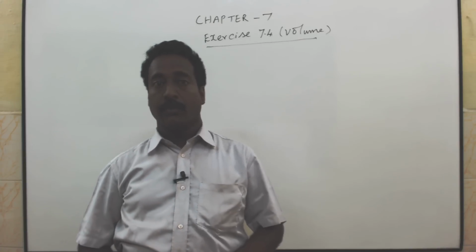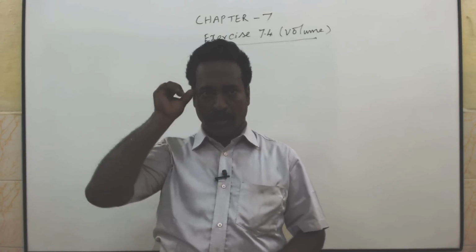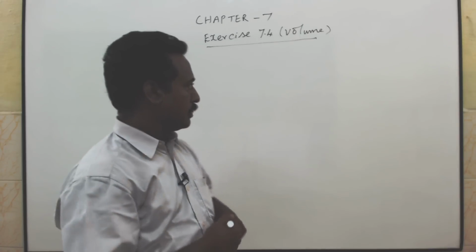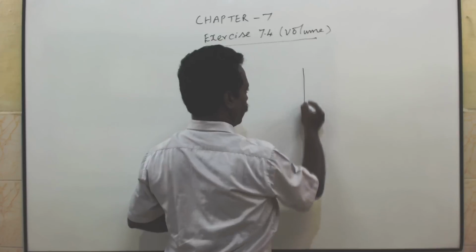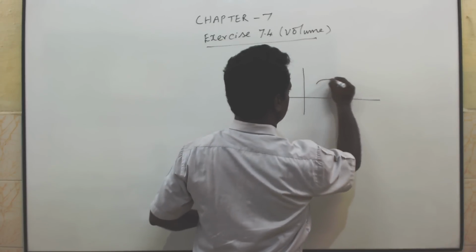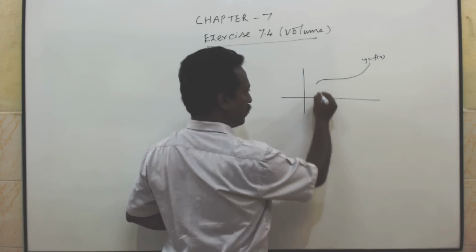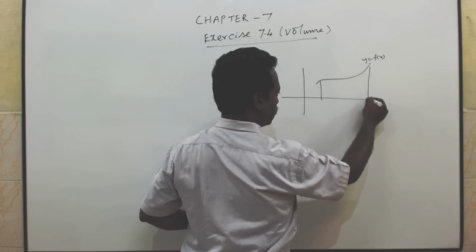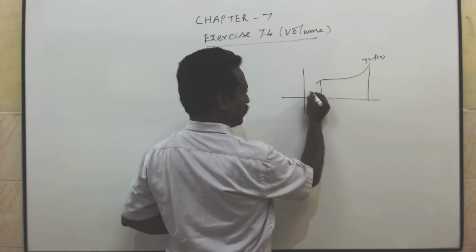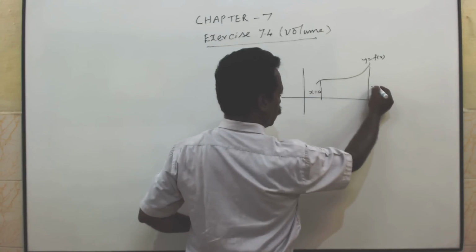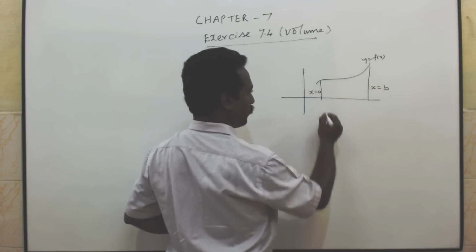Today we'll discuss the volume. Suppose let us consider the curve y equal to f of x, below the x-axis, with the ordinates x equal to a, x equal to b.